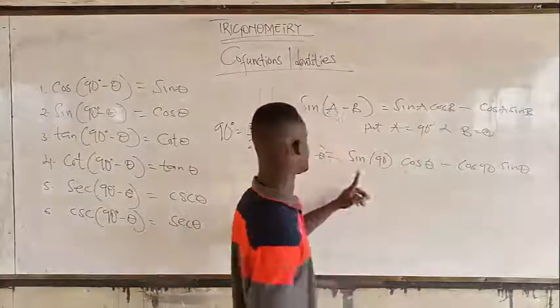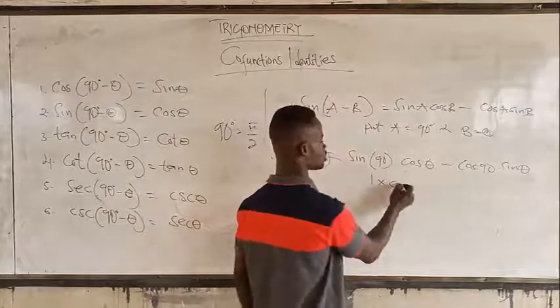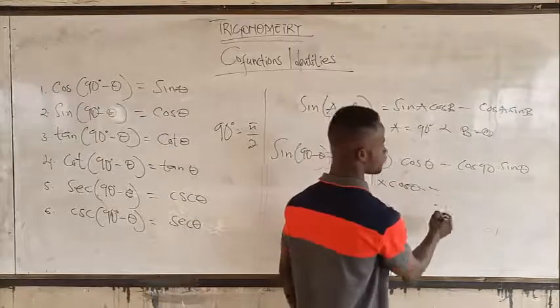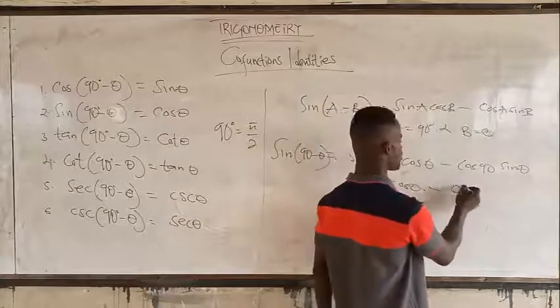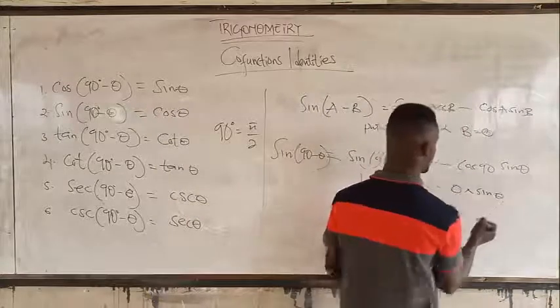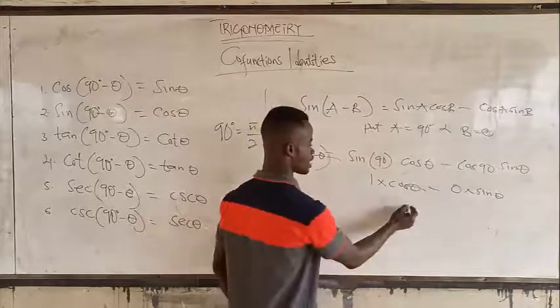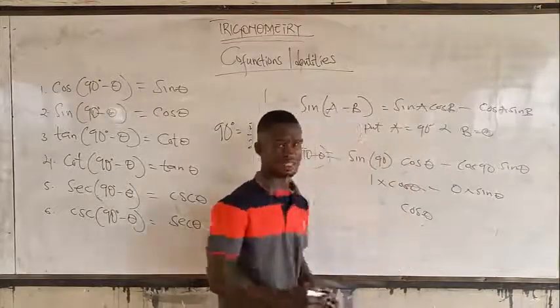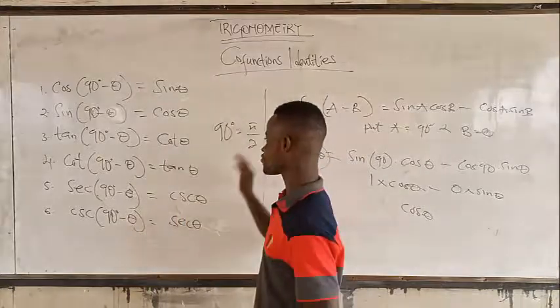Sin 90 is 1, multiplied by cos theta, minus cos 90, which is 0, multiplied by sin theta. Everything there is 0, so we end up with cos theta.